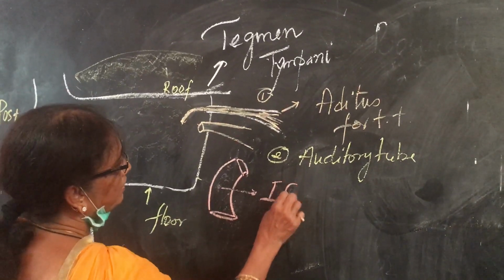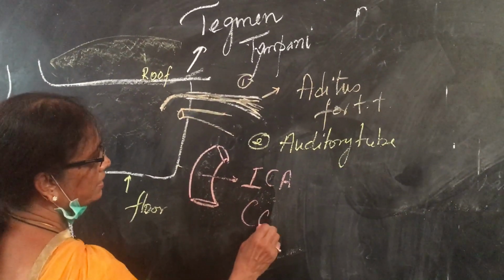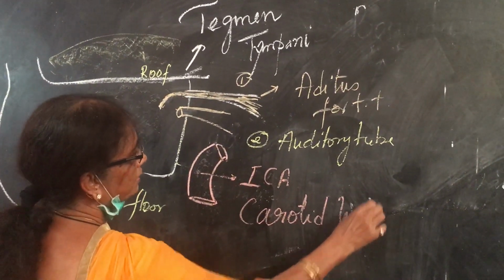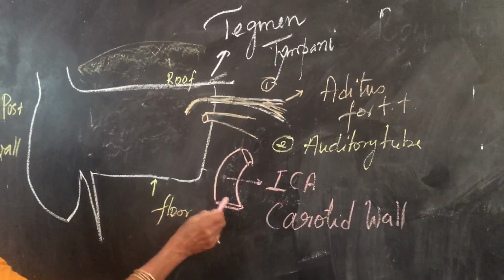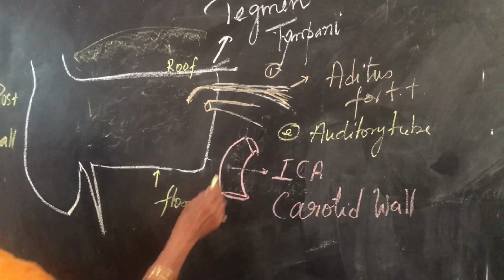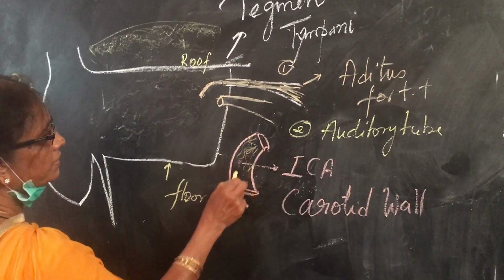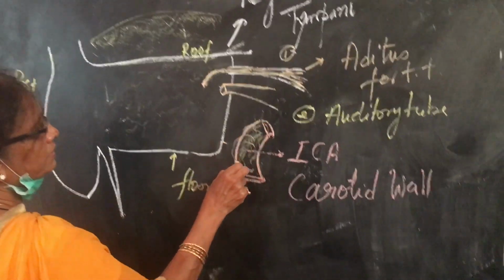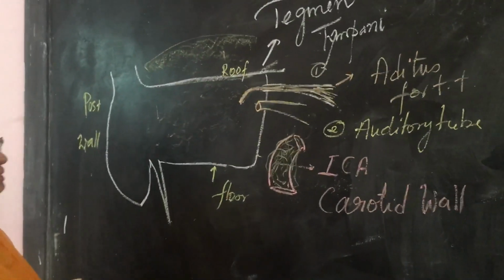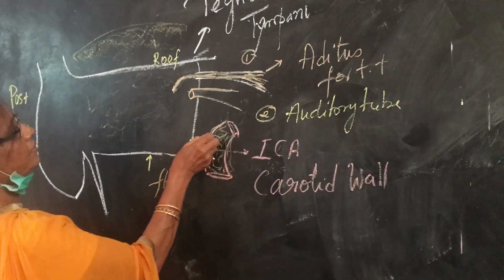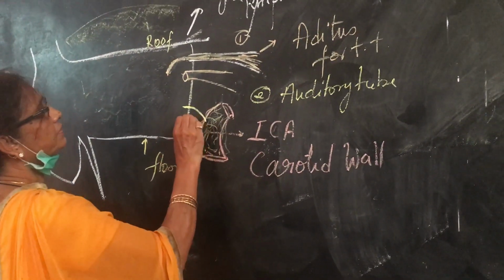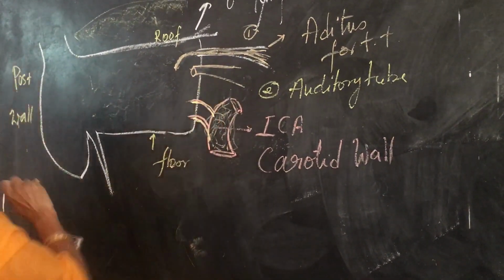So the anterior wall is also called the carotid wall because the main important relation is the internal carotid artery in the carotid canal. Along with the internal carotid artery, you do find the sympathetic plexus surrounding it, and these plexus enter the anterior wall through small openings along with the branches of the internal carotid artery.